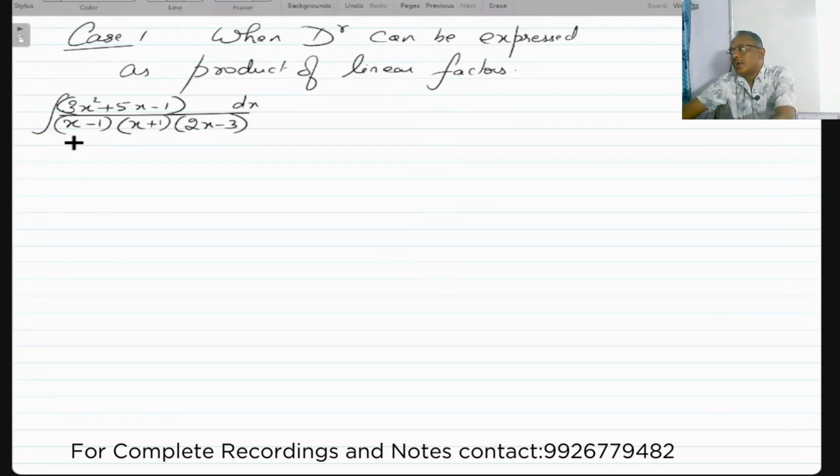What is the degree of the denominator? 3. Is it more than the numerator?